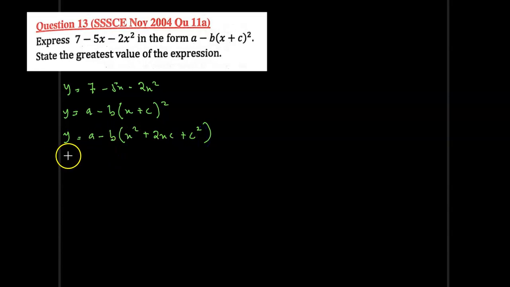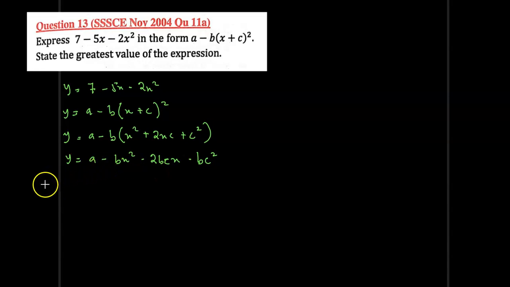So we have y equal to a minus bx squared minus 2bcx minus bc squared. And this must be compared to the given function.